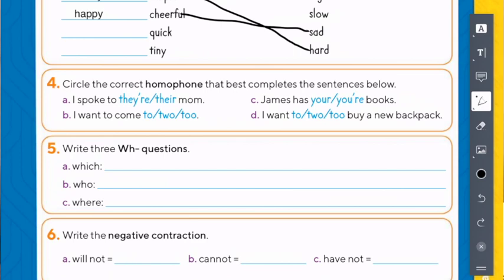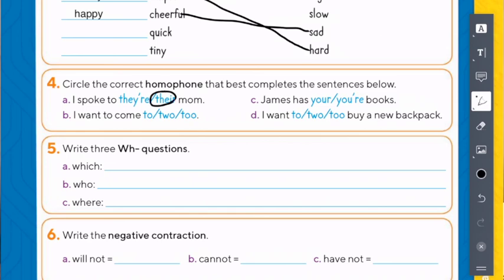I spoke to their mom. Remember, they're is a contraction of they are. Okay? So I spoke with they are mom, or I spoke with their mom. There. Perfect. So we circle it.